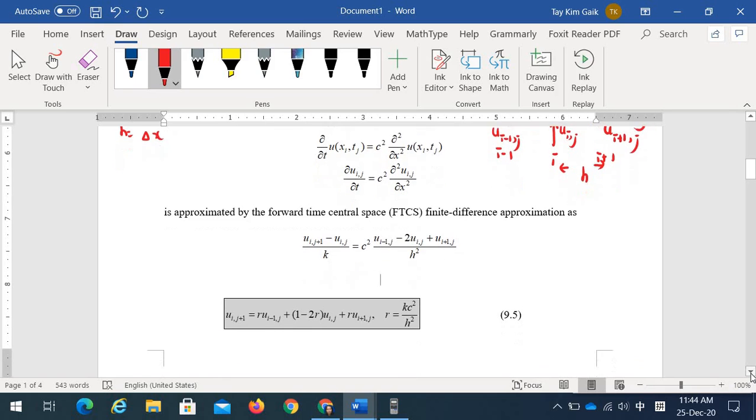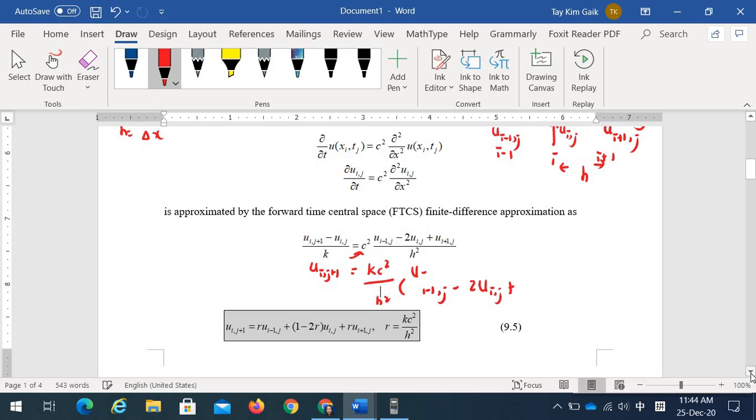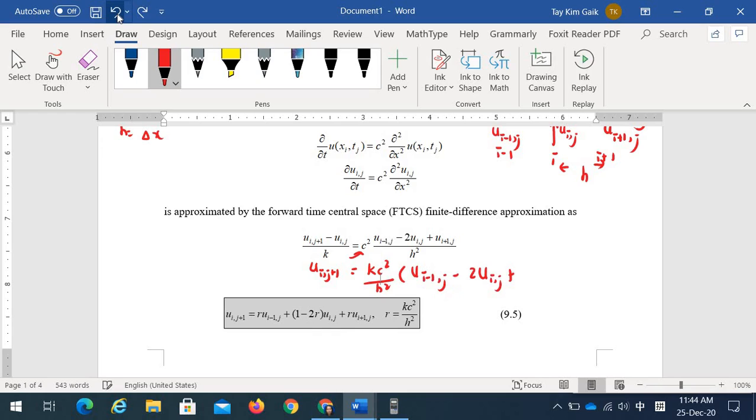Okay, and then we solve for u_i,j+1. You have u_i,j+1 equal to, bringing k to the other side, k c squared over h squared multiplied by u_(i-1),j minus 2u_ij plus u_(i+1),j.